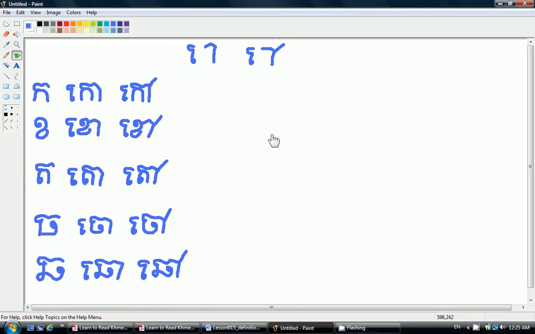Now with daw. Write dao. Khaw srao dao. Now write dao. Khaw srao dao.